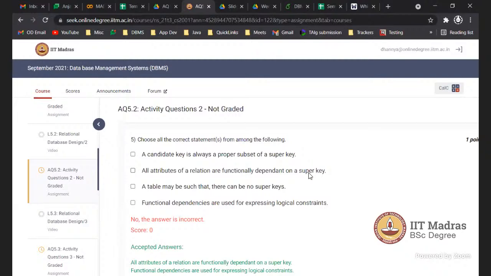Suppose a table is a weak relation, corresponding to a weak entity. In that case we should have a discriminator, that identifying set of attributes. Even for the weak entity, that should be the candidate key, I'm sorry, the super key, right? Okay. So a discriminator is a super key in that case.